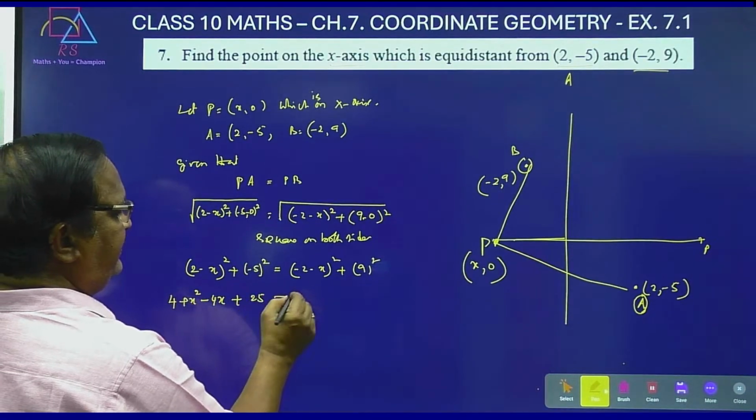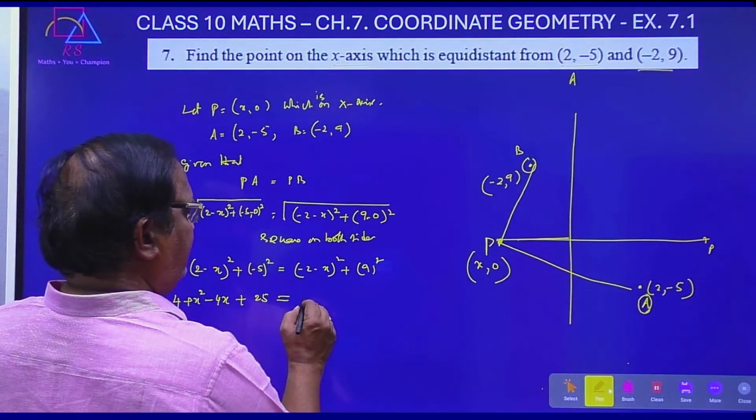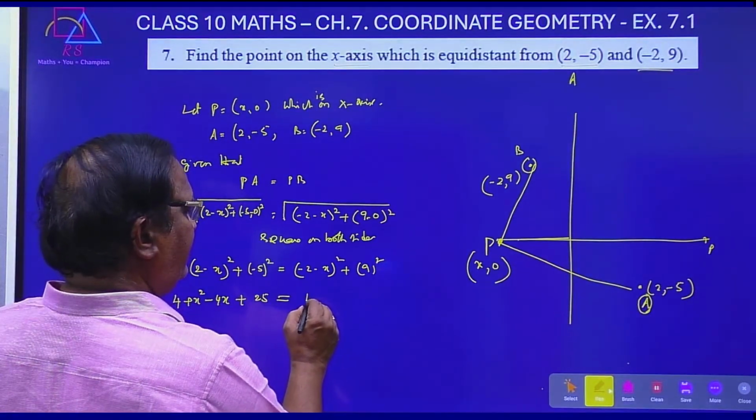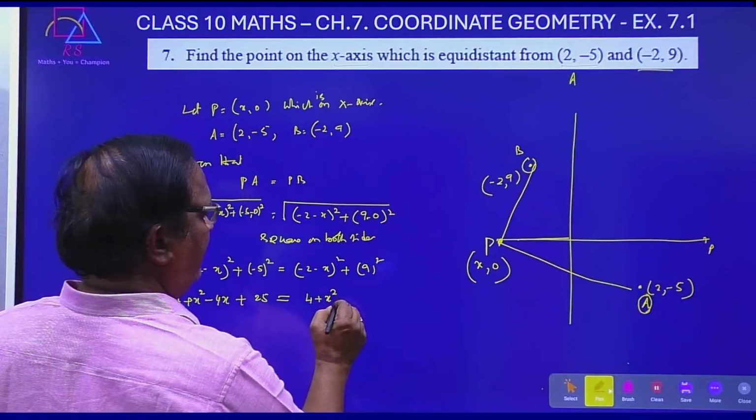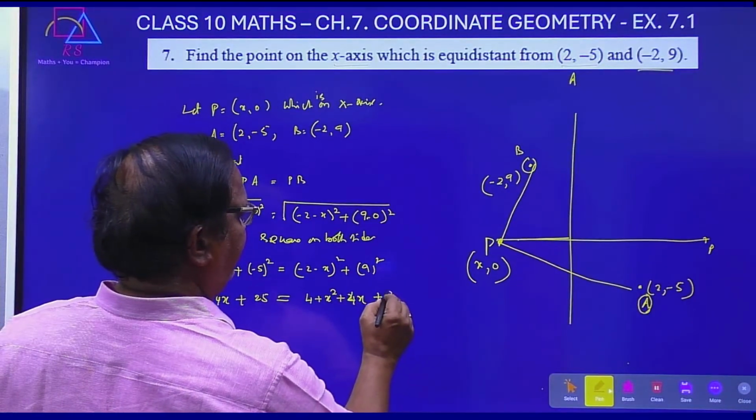So 4 minus 4x plus x square plus 25 equals 4 plus 4x plus x square plus 81.